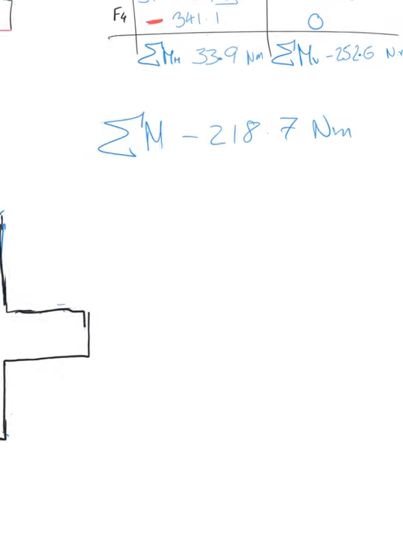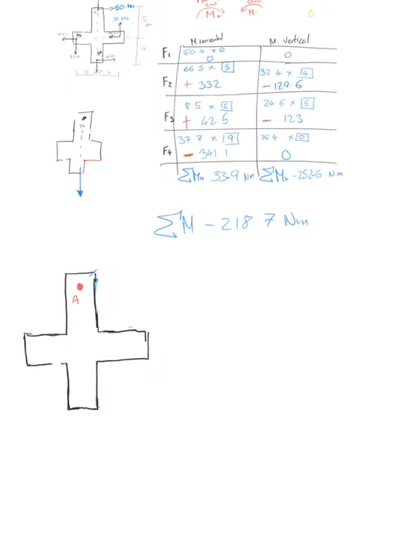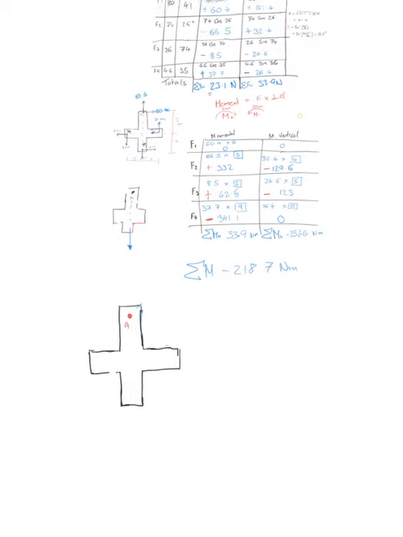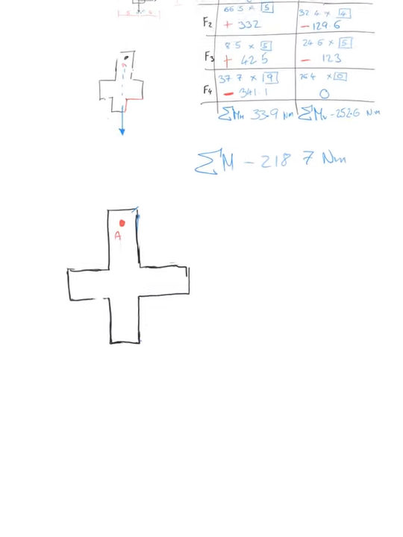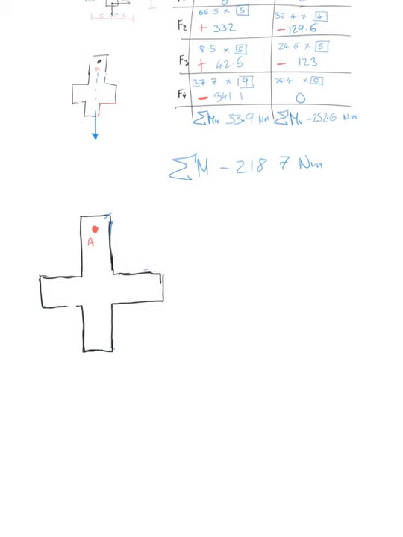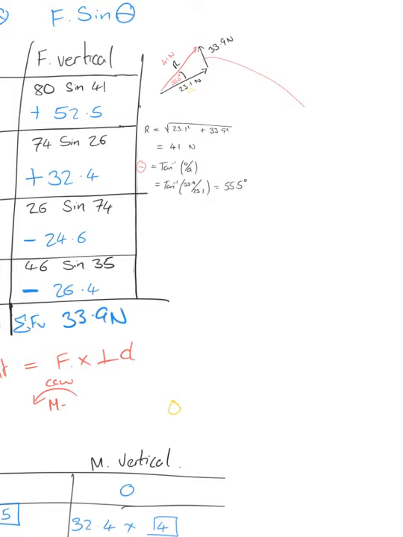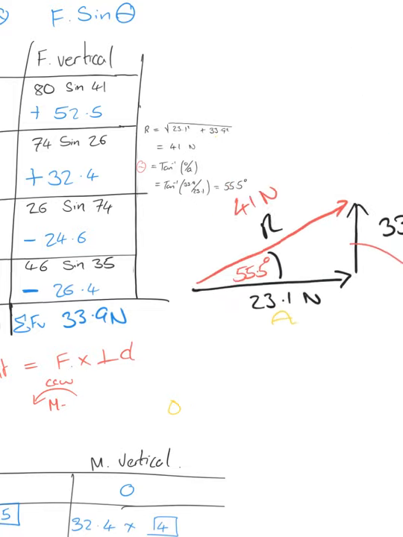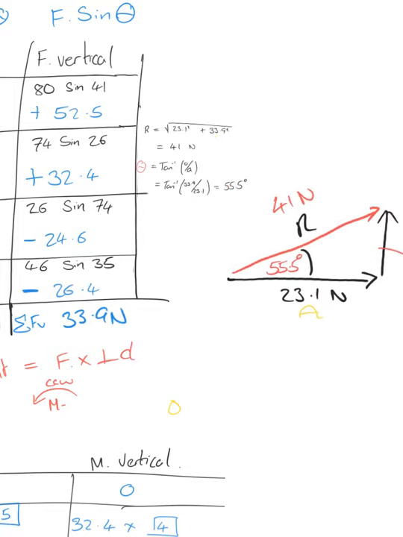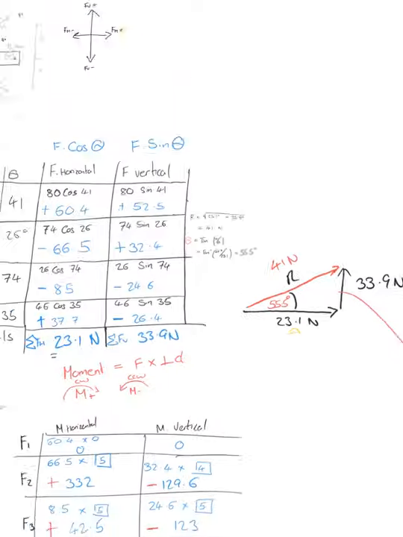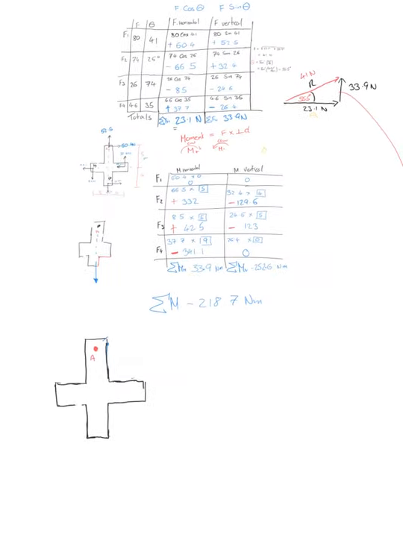Well, if we know we have a negative moment and we know our resultant, we could eliminate all of the forces and say, well, what is happening is somewhere on this shape, our resultant, which we calculated up here, or 41 newtons, acts somewhere on this shape and causes it to spin counterclockwise with 218.7 newton meters of force.